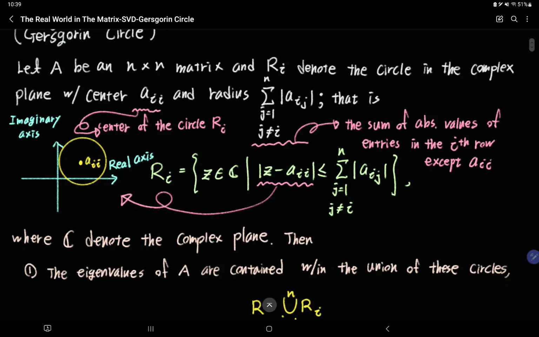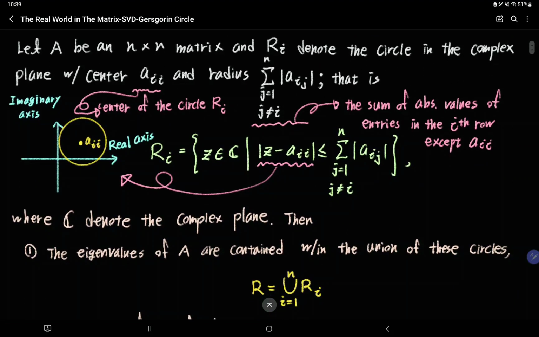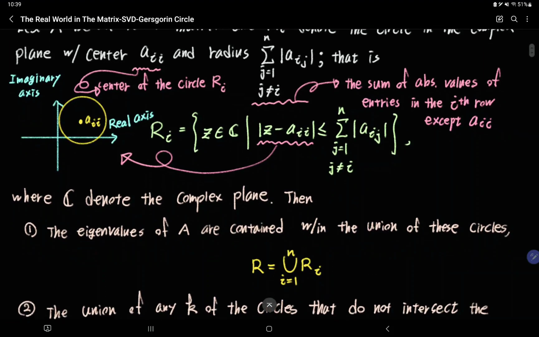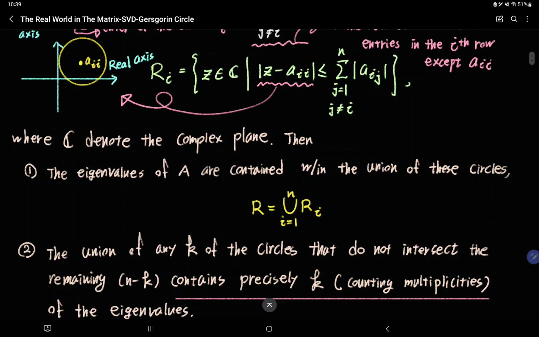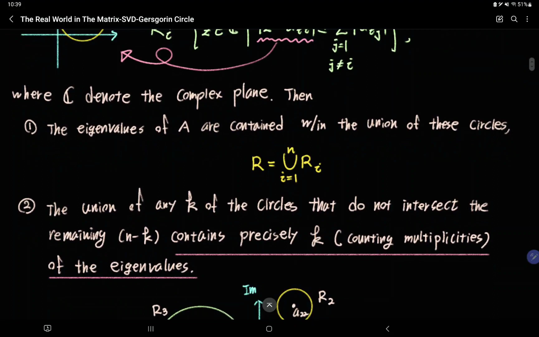Then the Gershgorin circle theorem says that the eigenvalues of matrix A are contained within the union of the circles. For each row, we can construct the circle R sub i, and the union of the R sub i, let's say R. Then the eigenvalues of A are contained in that R. That's the first statement in the Gershgorin circle theorem.